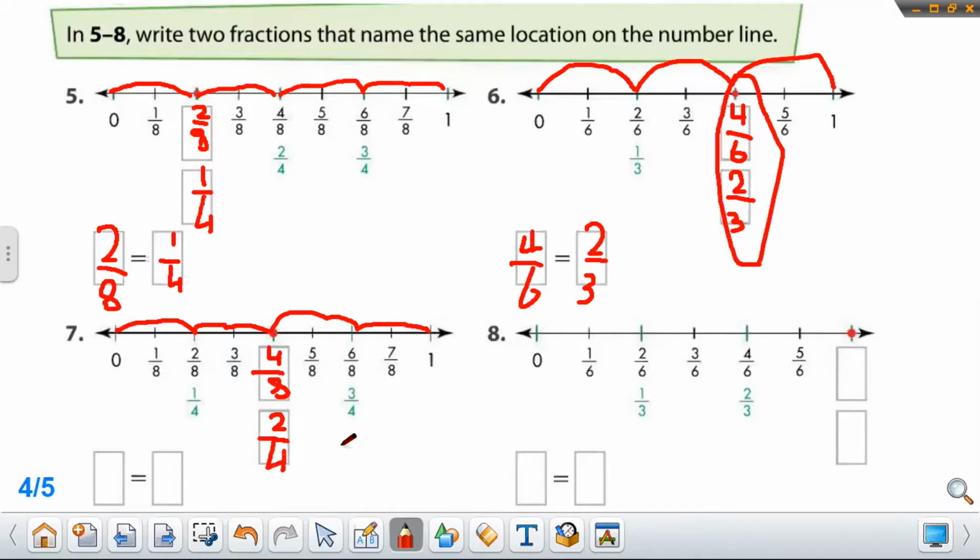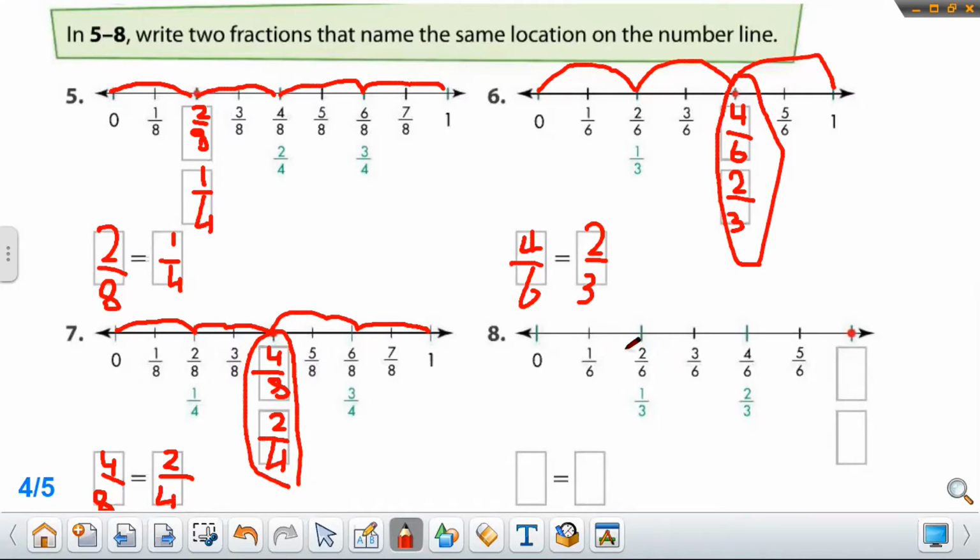So 4 out of 8 is equivalent to 2 out of 4.